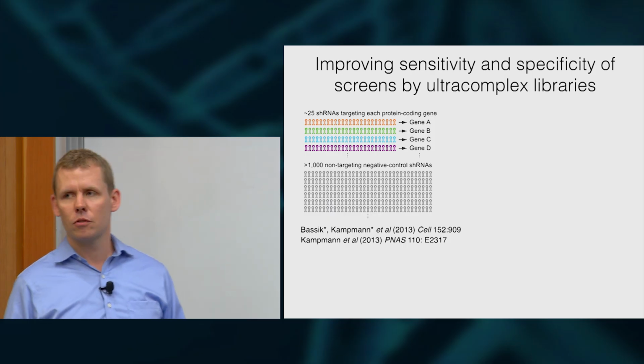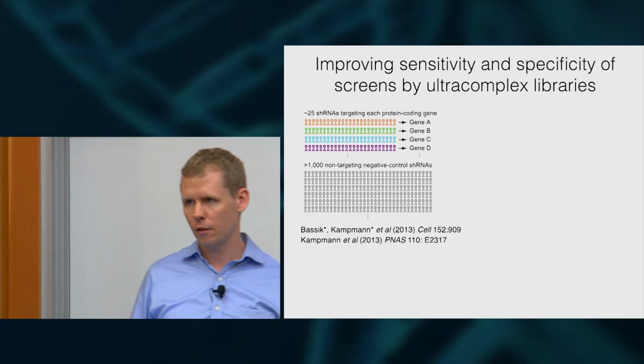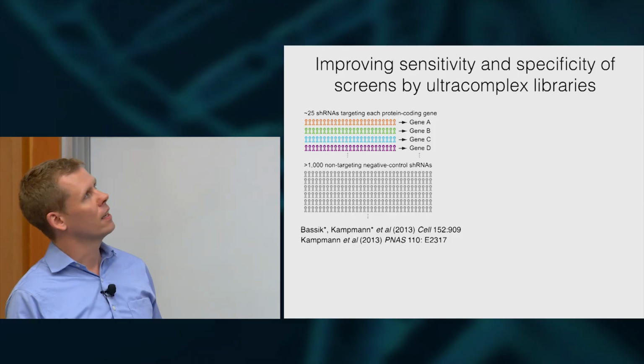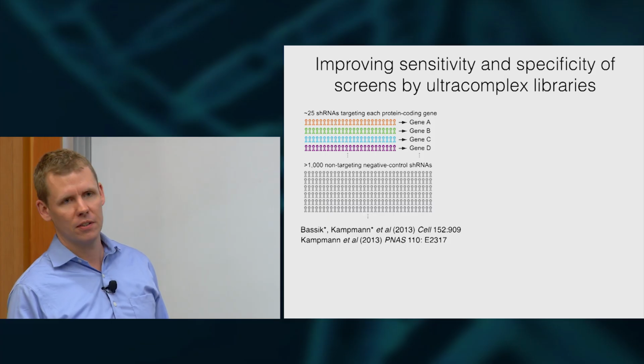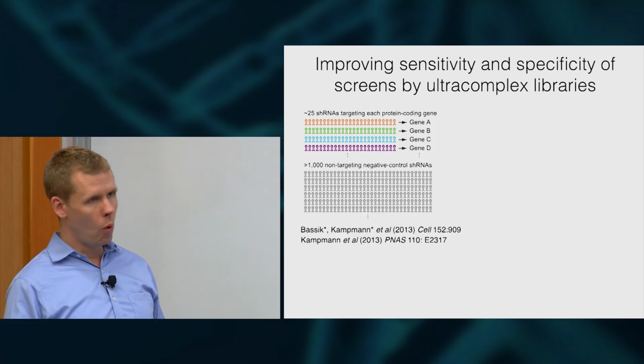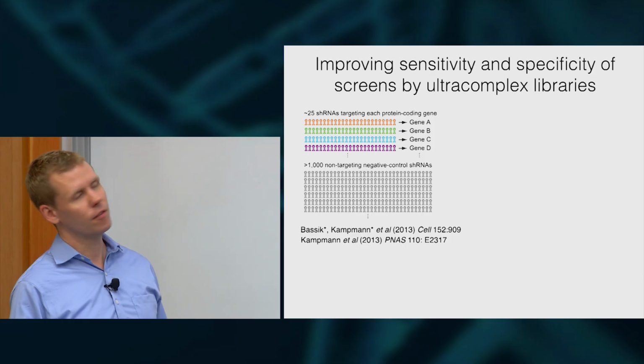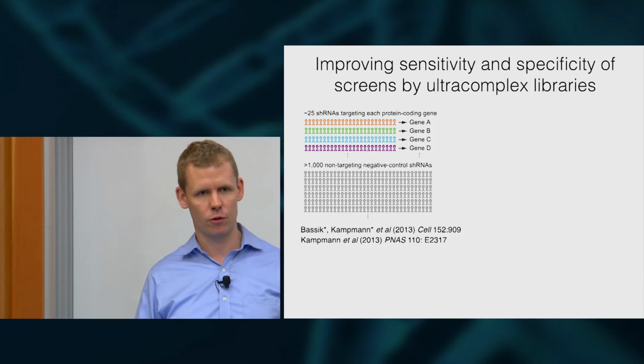What that will enable us to do is to use a rigorous statistical framework to ask how likely is it that for these 25 shRNAs designed to target gene A, any observed phenotypes are more than you would expect if you picked 25 random shRNAs from your negative controls.